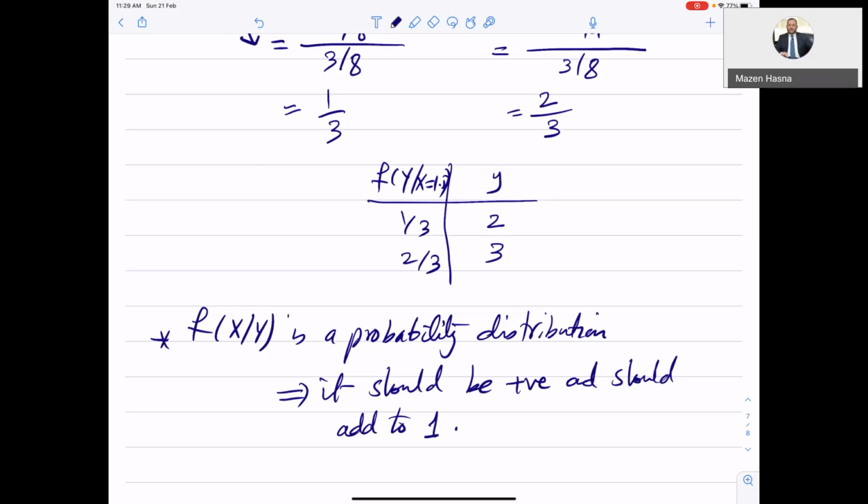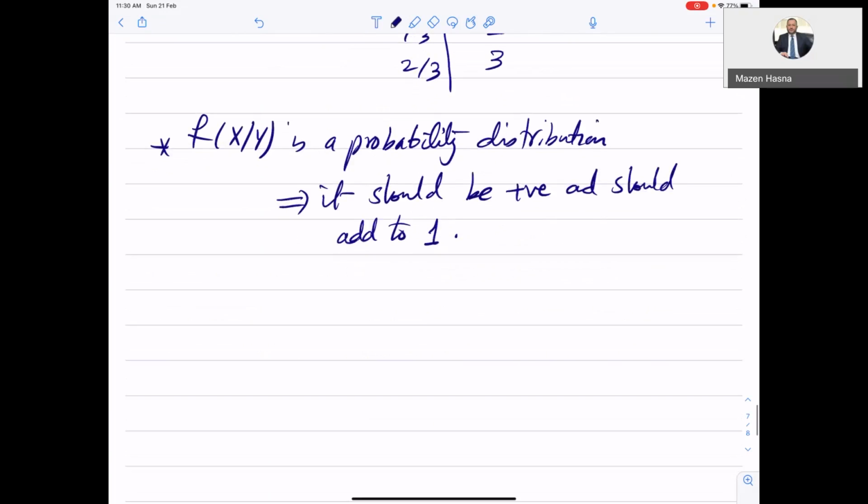So conditional probability is a probability, which means that it should add to 1, and it should always be positive.